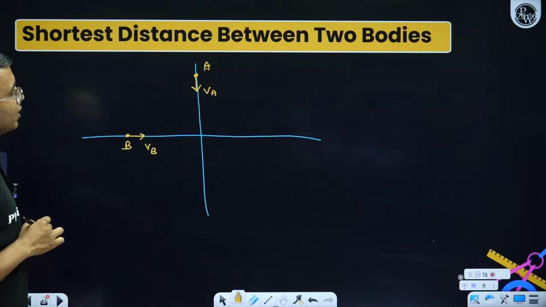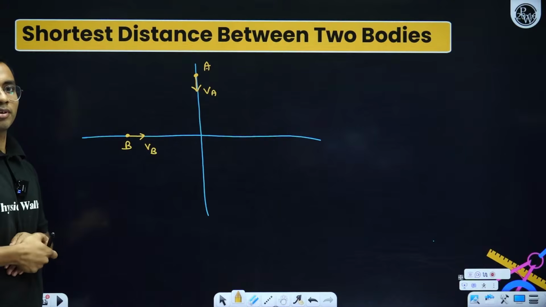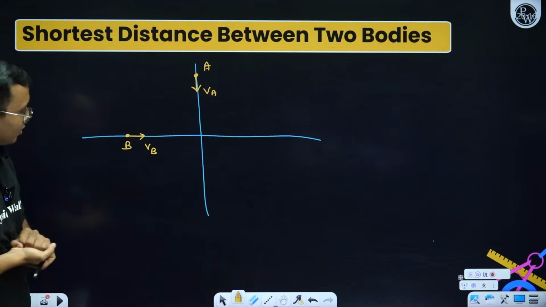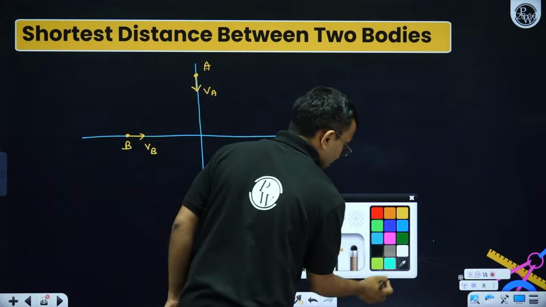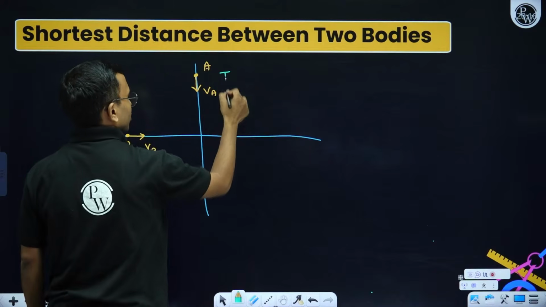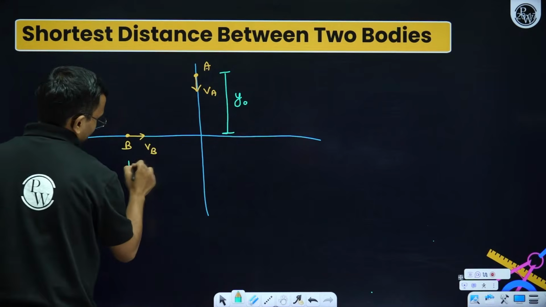Now you need the velocity of B with respect to A. Okay, what is the velocity of B with respect to A? These distances will also be given to you. Let us take this distance as some y naught, this distance as some x naught.